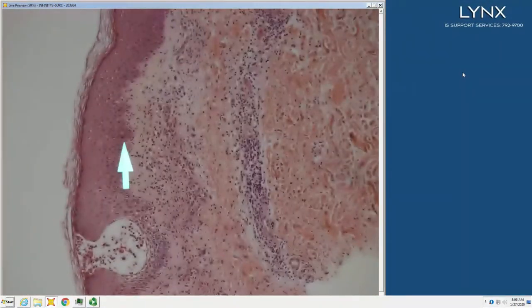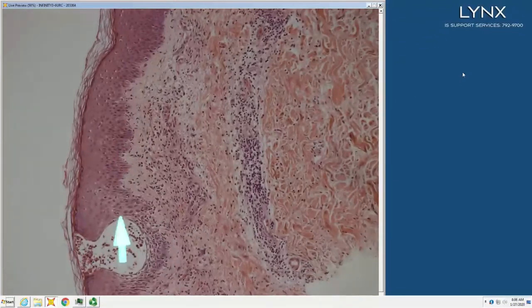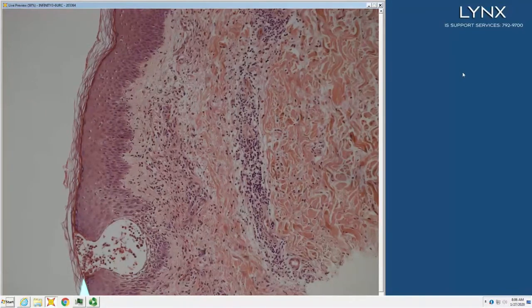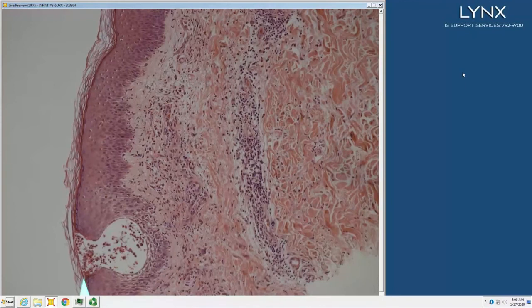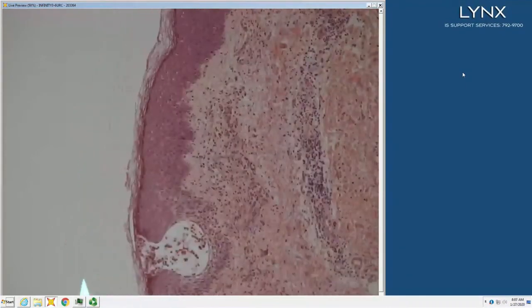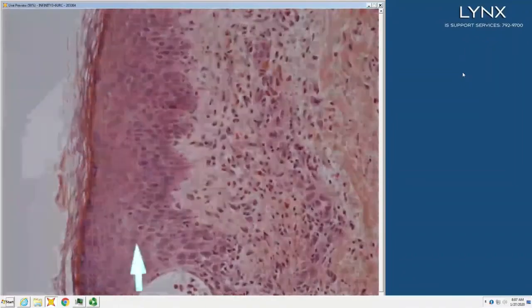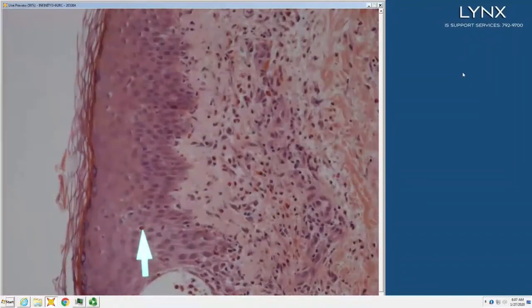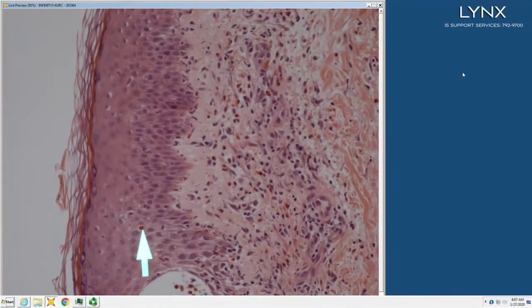So you have a flask-shaped vesicle. I don't see a lot of Langerhans cells in it, but certainly that shape goes with the Langerhans cell microabscess of a spongiotic dermatitis. So there's definitely spongiosis, but within the spongiosis you have lots of eosinophils. So what can give you spongiosis with eosinophils? Anyone?